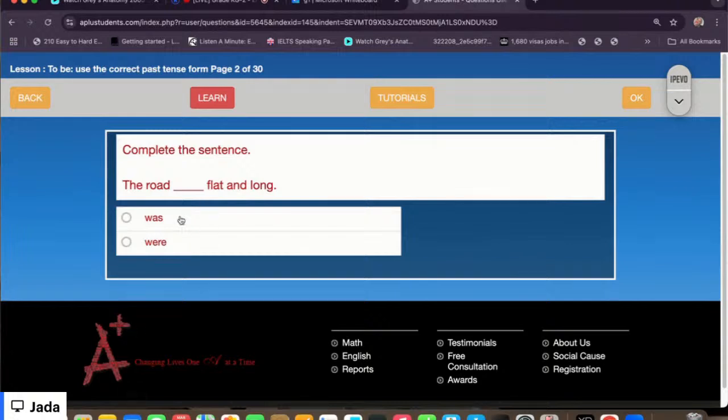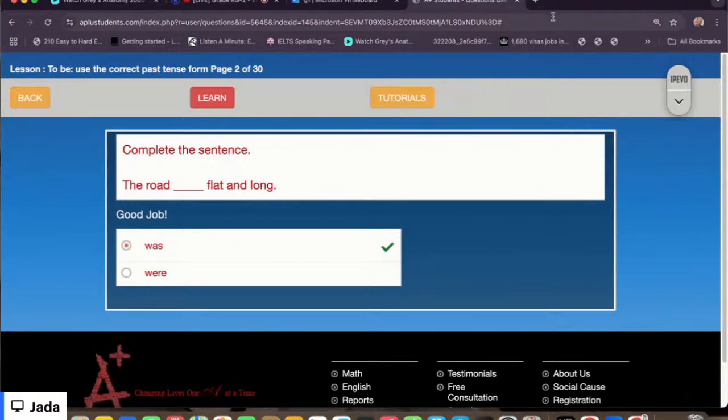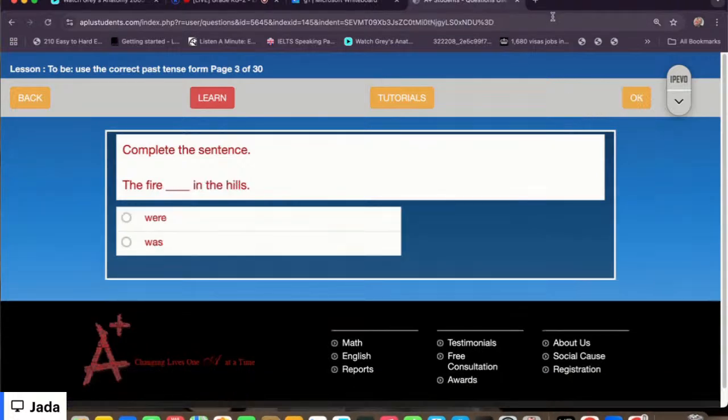So you say the road was flat and long. So how will singular and plural be two? Singular is one person, plural is more than one.